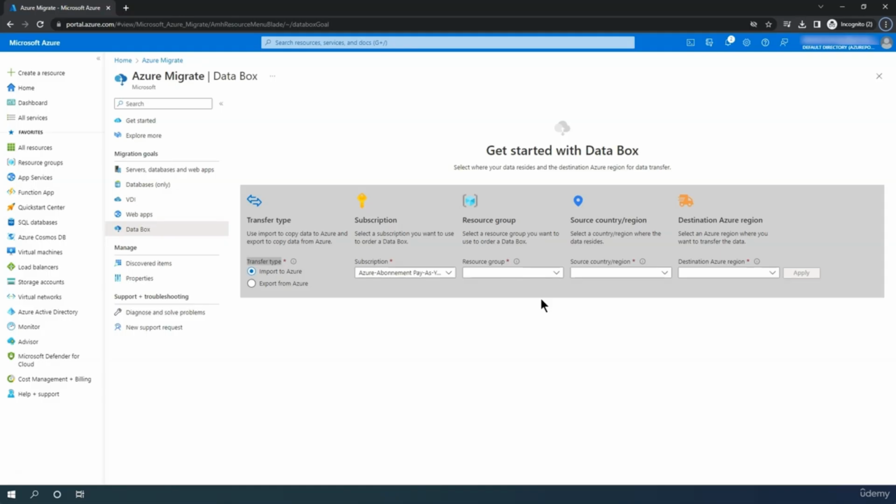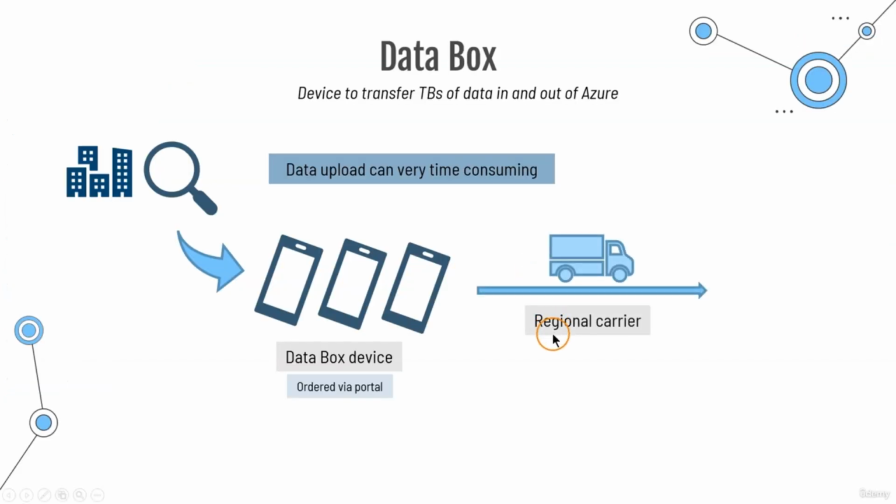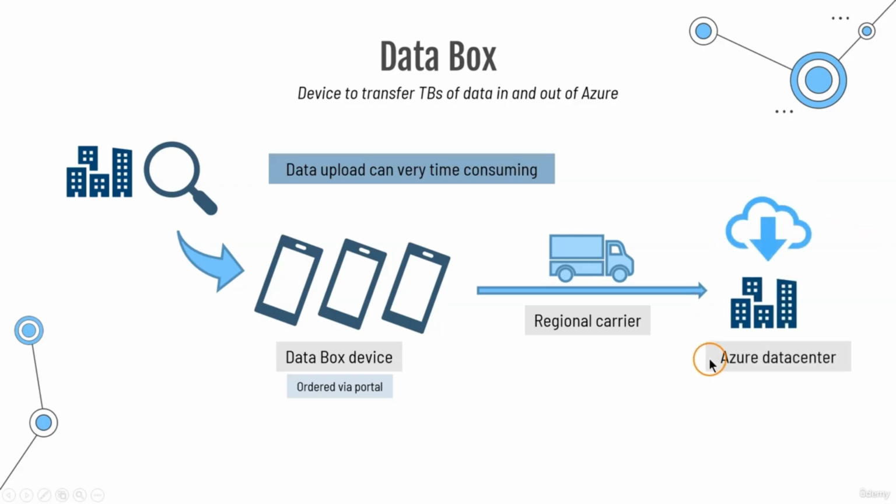And if this is possible in our situation, this will be then shipped to us via a regional carrier, and then this will be uploaded automatically in the Azure Data Center. This is, of course, a very fast way compared to uploading the data via the internet if we have terabytes or petabytes of data and we have maybe a limited network connectivity.